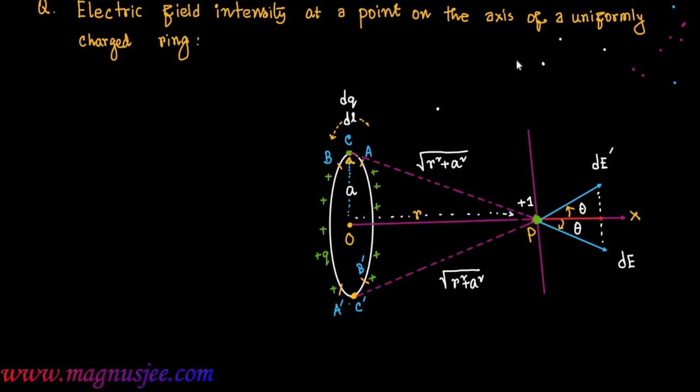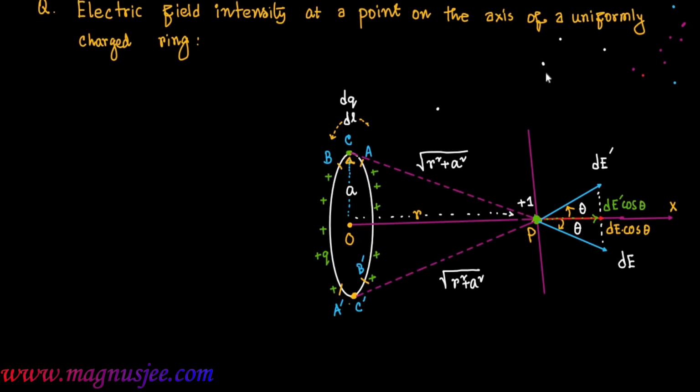The rectangular component of the electric field intensity dE along the axis is dE cos theta. dE cos theta is the rectangular component of dE at the point P, and we can extend the direction up to the point X. PX is the extended axis of the ring, and dE cos theta acts along PX.